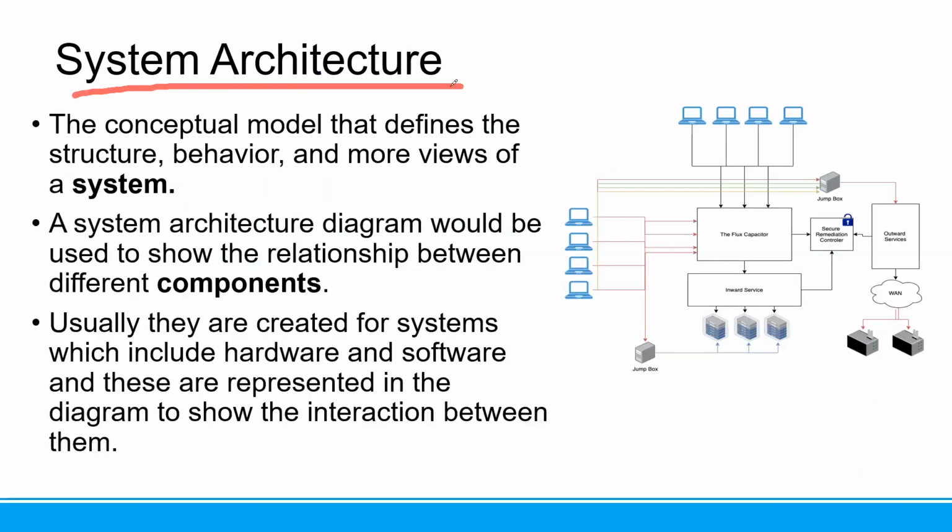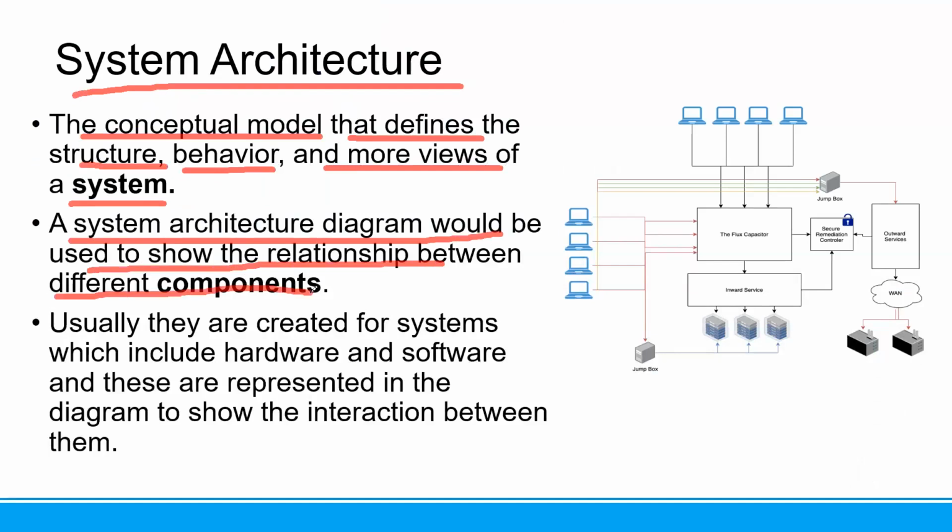System architecture is a conceptual model that defines the structure, behavior, and more views of a system. A system architecture diagram will be used to show the relationship between different components. Usually, they are created for systems which include hardware and software.